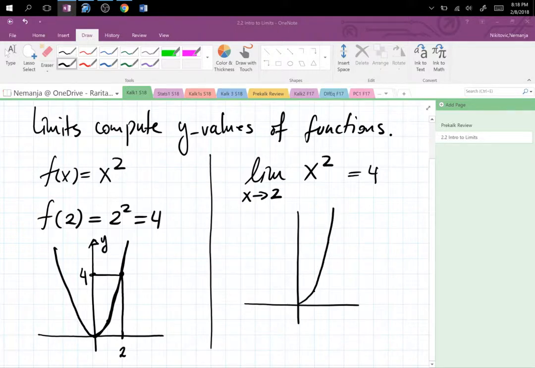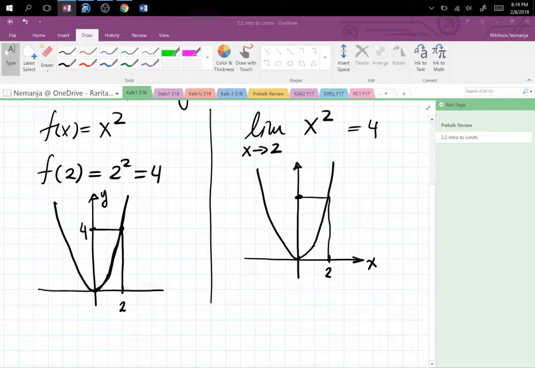I just need to draw x squared. There we go. All right. So now we still have the same image, but we are going to compute the value in a completely different way.